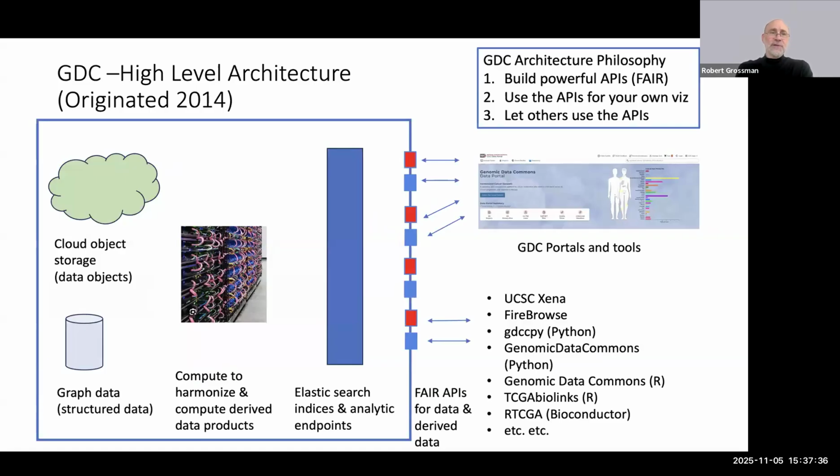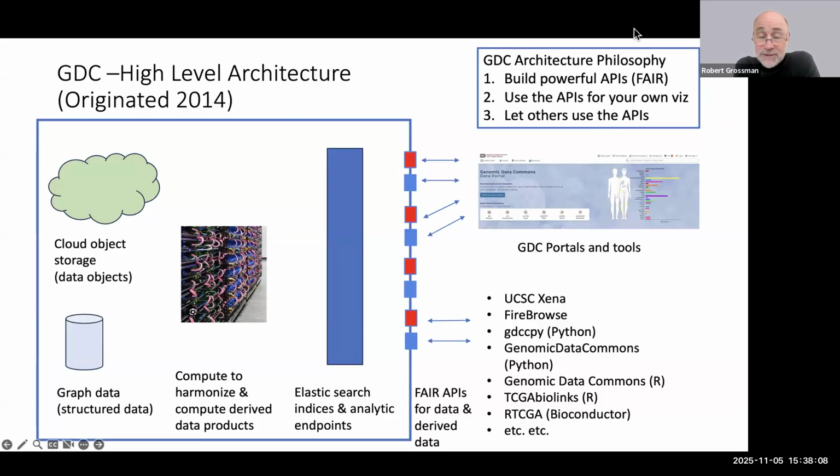Again, some of you have seen this slide before. This is the architecture of the GDC at a very high level. It begins with supporting the petabytes of genomic data. We use cloud-based data storage, objects in cloud storage long before it was popular, and graph structured data.